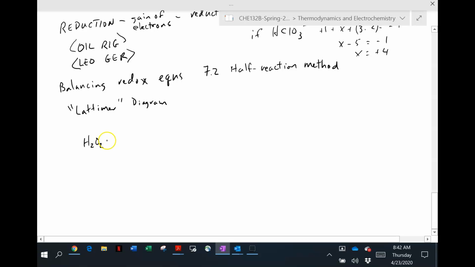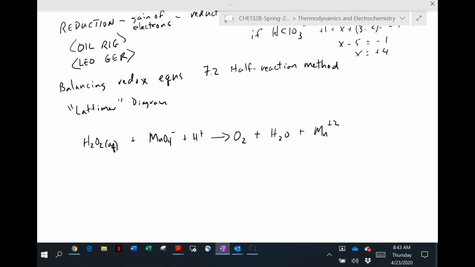We take hydrogen peroxide, which is an aqueous solution, and we react it with permanganate ions, or potassium permanganate, and we do this in the presence of some acid, H+, and what we get is O2 plus H2O plus a manganese plus 2 ion, and we don't have much in the way of details of everything else that's going on with that.